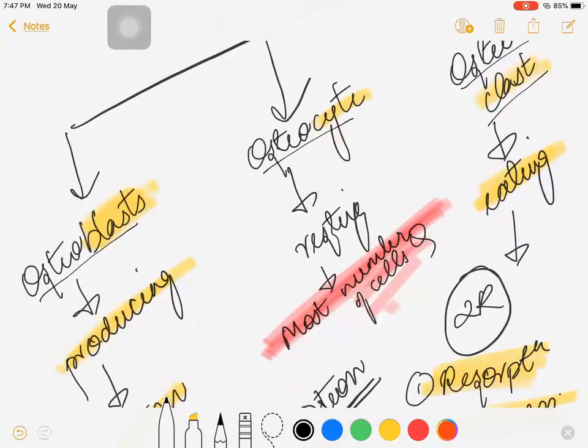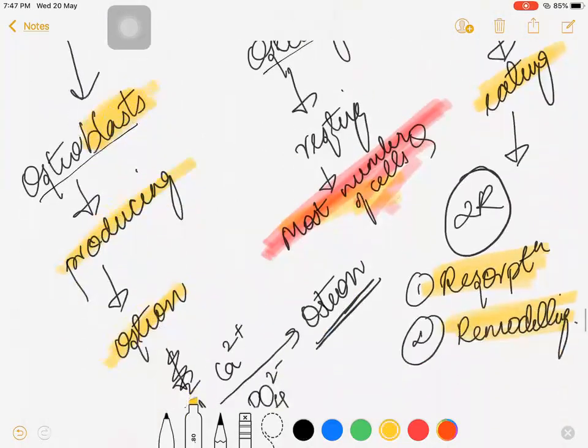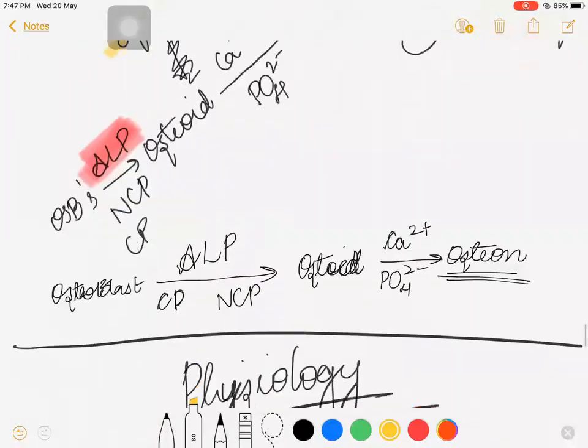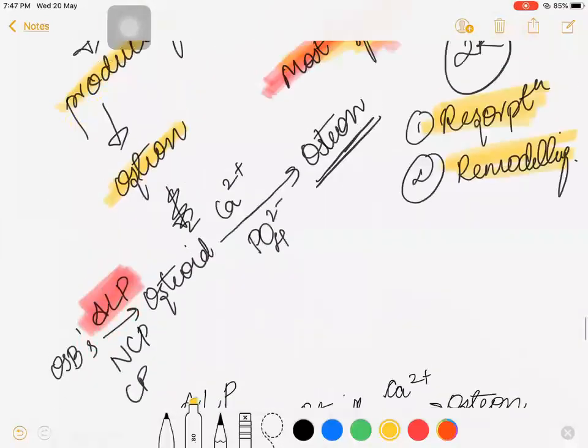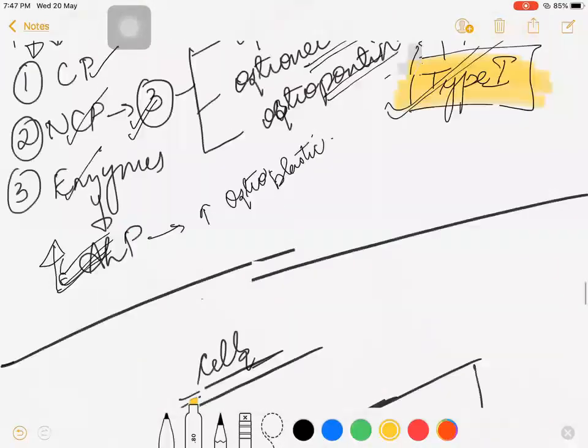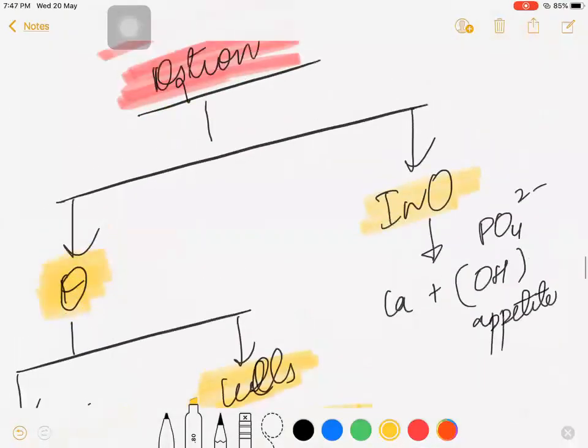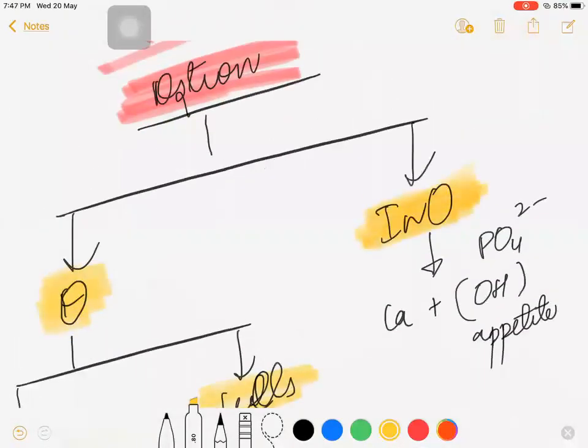Even though they are not metabolically active, they are resting cells, the largest number of cells present will be the osteocytes. So this is the biochemistry part of it. One more part is the inorganic components of an osteon. As I told you, it has to be calcium and phosphate, which form calcium hydroxyapatite.